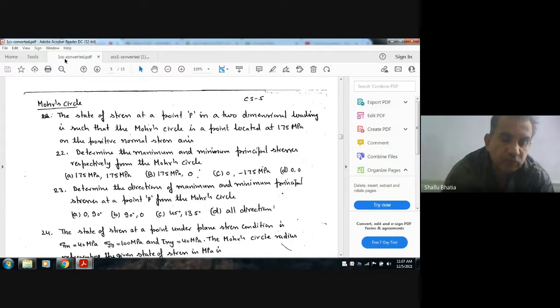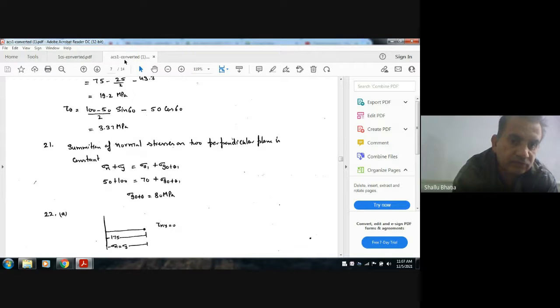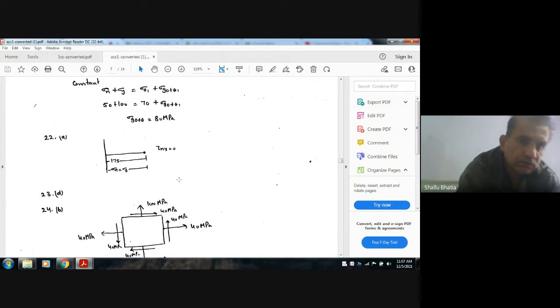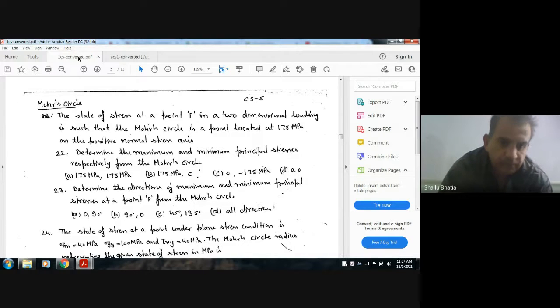Because it is a point and there is no shear stress, the directions of the maximum and minimum stresses are all directions. In all directions the stresses will be the same. So this is a hydrostatic state of stress, and there is no shear stress. Next question.